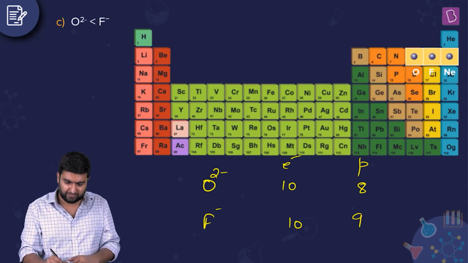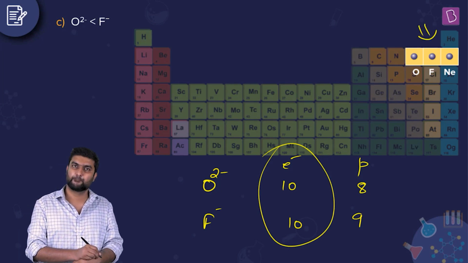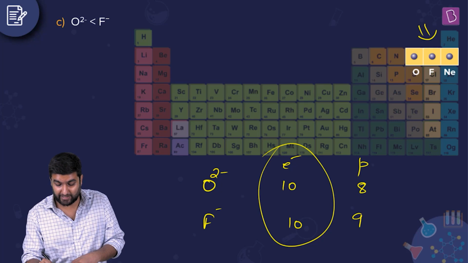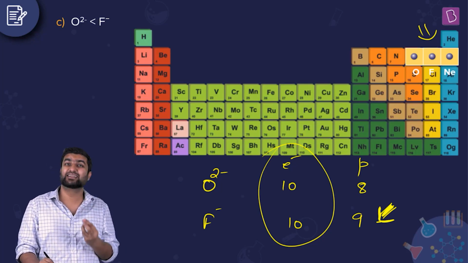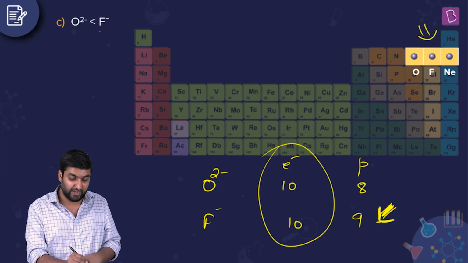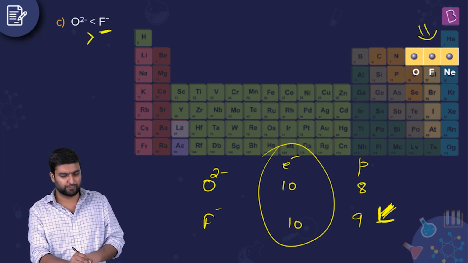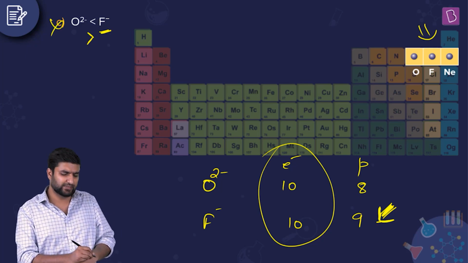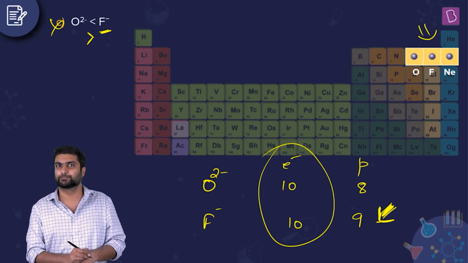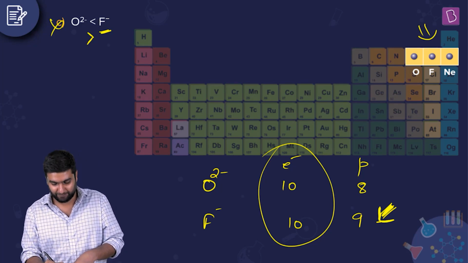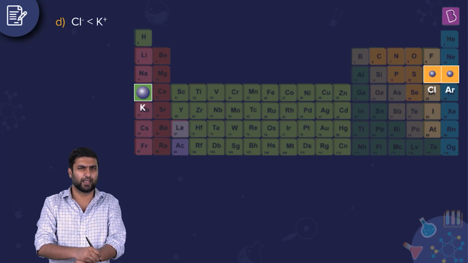Now both of these have the electronic configuration of neon. The one with the higher number of protons is going to have a smaller size. So F- should actually have a smaller size. And so this option is not correct because this is not the correct order of ionic radii.